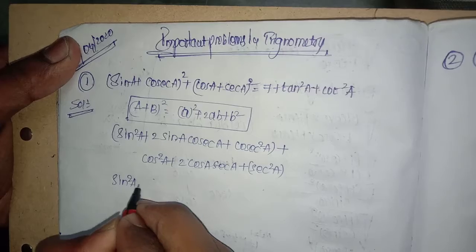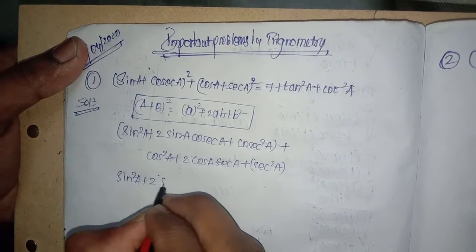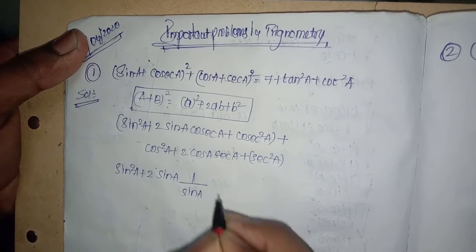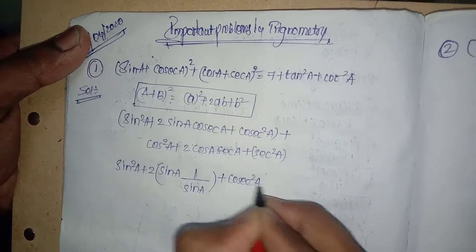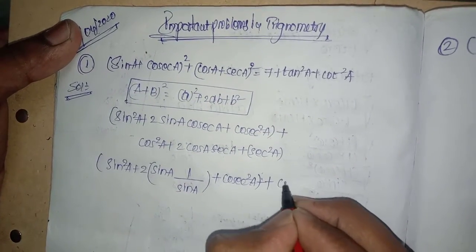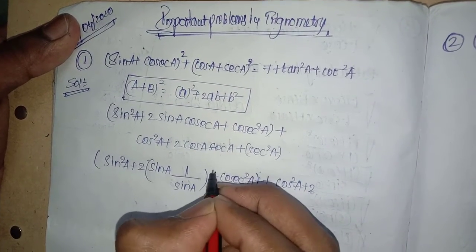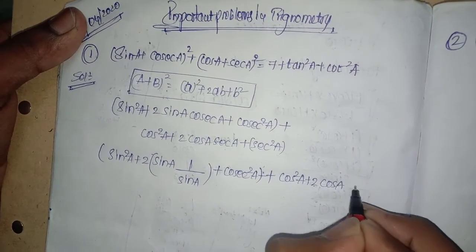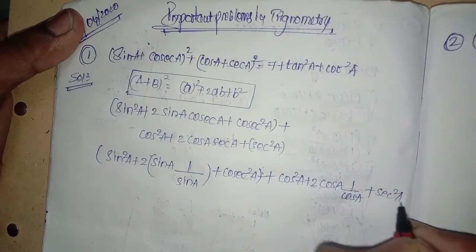Sin square a plus 2 into sin a, and cosecant a equal to 1 by sin a, we will take either, 1 by sin a, plus cosecant square a, plus cos square a plus 2 cos a, secant a equal to 1 by cos a, we will take either, so cos a into 1 by cos a plus secant square a.